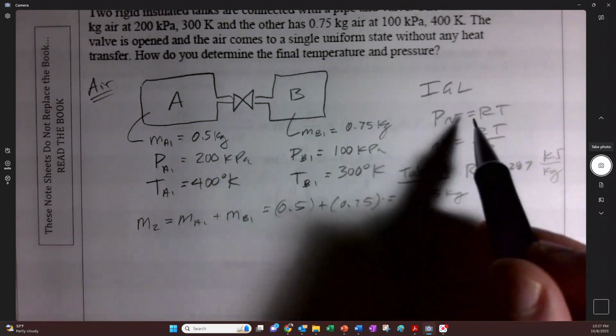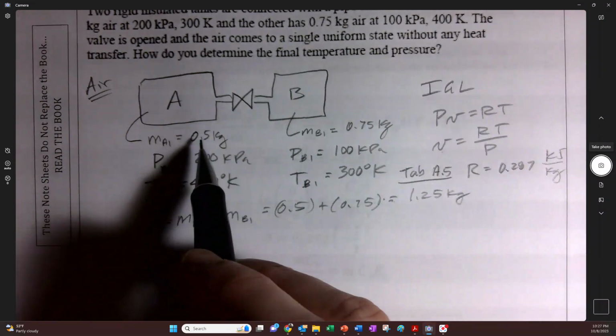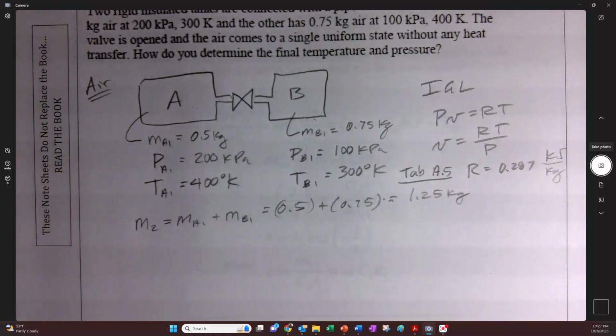So now we can get the specific volume for both of these, and then from that we get what the total volume is going to be.